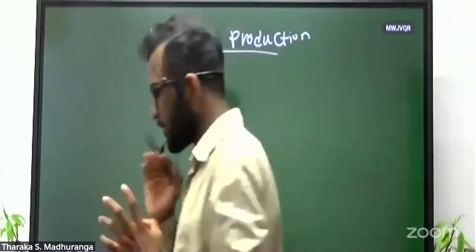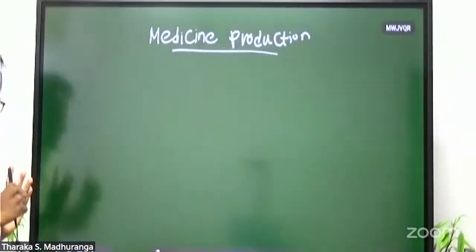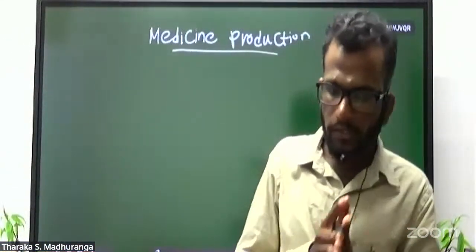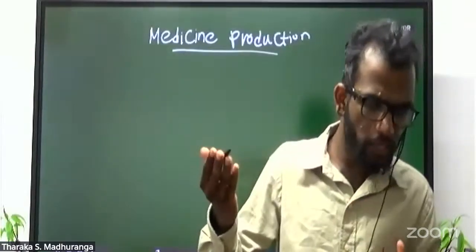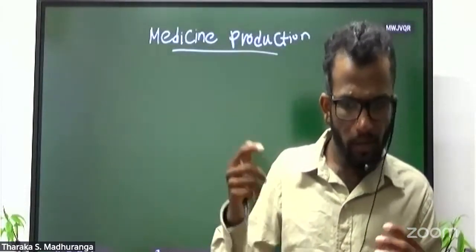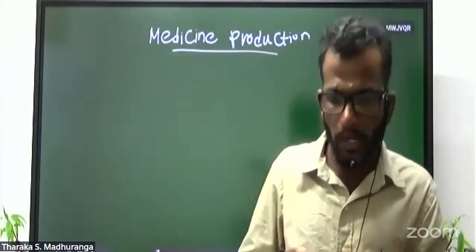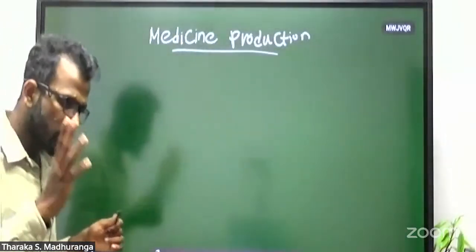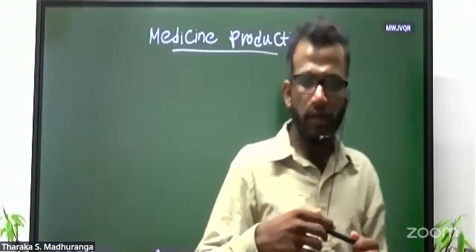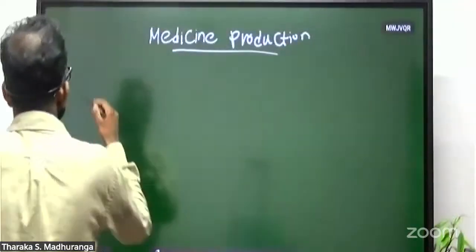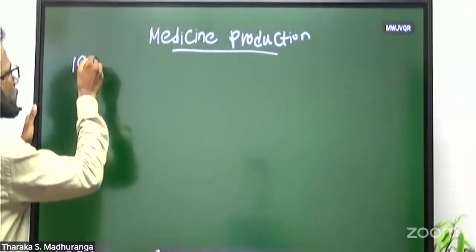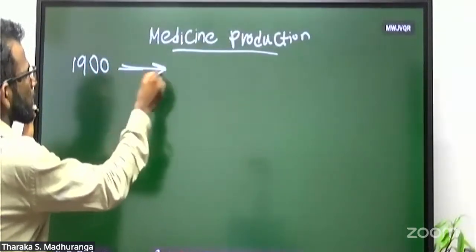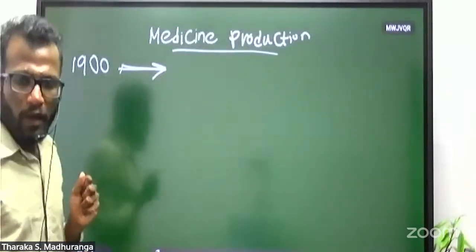We have 15 minutes more, therefore focus well. What about medicine production in ancient times? Ancient time means, I think, the year 1900 and before. What kind of medicine did they use? Medicine production then was totally plant material.